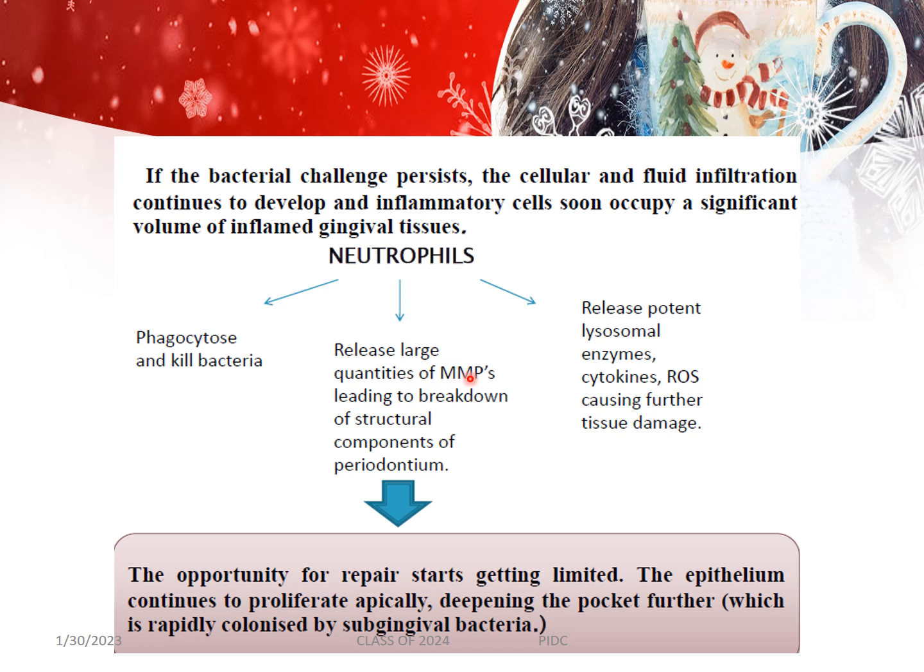So the neutrophil, which should act as a good being, turns back on us, producing large numbers of matrix metalloproteinases, leading to breakdown of the structural components of the periodontium. Not only this, it releases potent lysosomal enzymes, cytokines, and ROS, causing further tissue damage. The opportunity for repair starts getting limited and the epithelium continues to proliferate apically, deepening the pocket further.